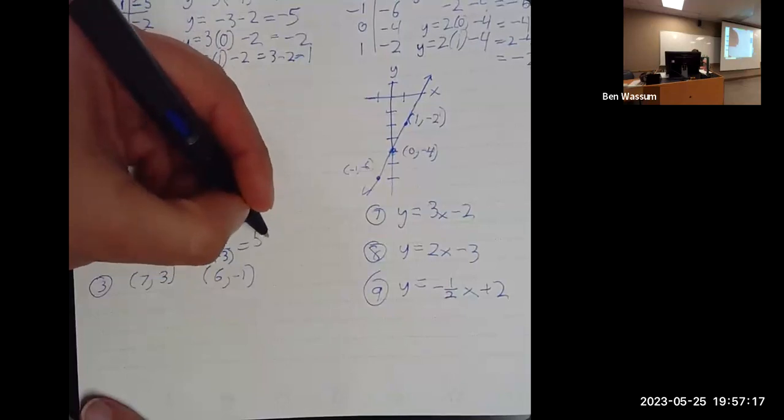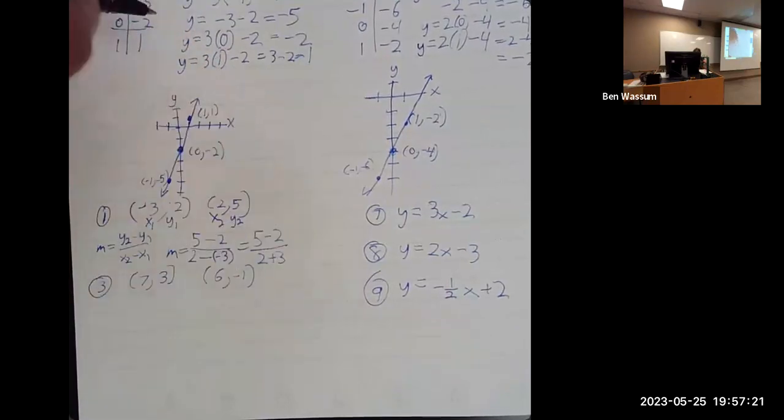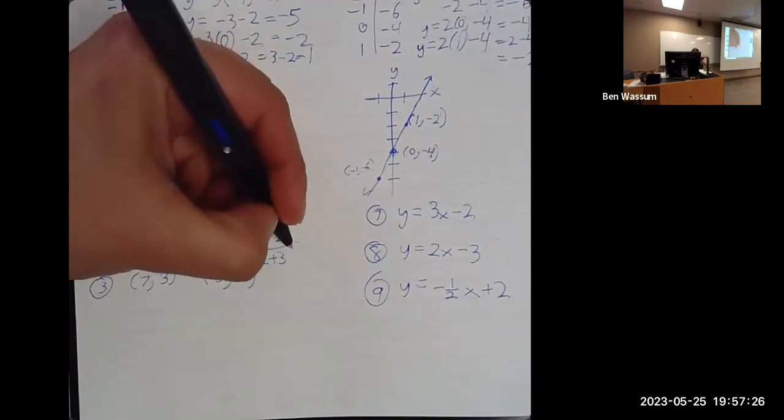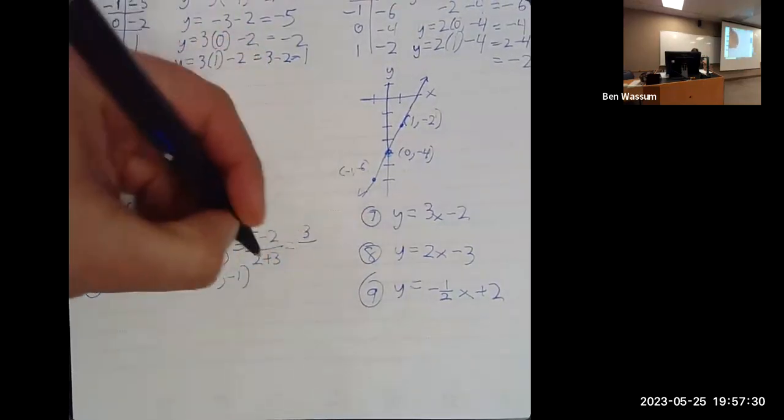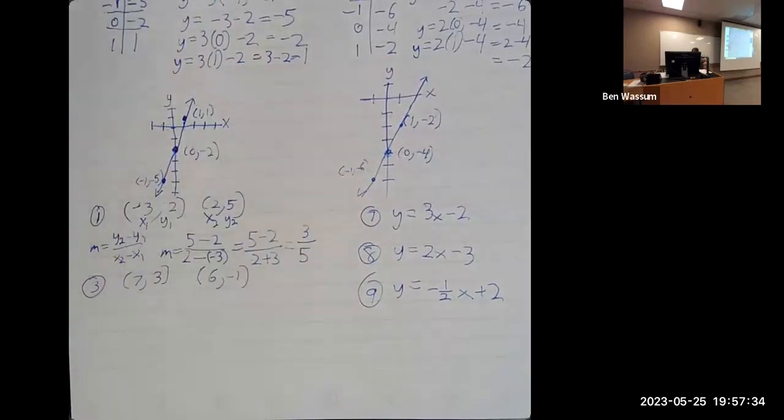And what that's going to do is flip that sign to a 2 plus 3. Now we end up with 5 minus 2 on top, which is 3, over 2 plus 3 on bottom, which is 5. 3 over 5, we can't reduce that, so that is our slope.